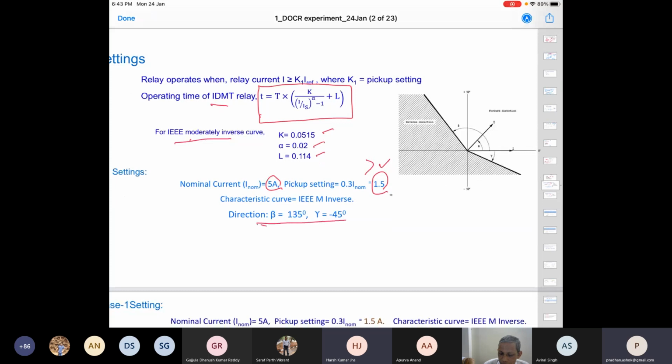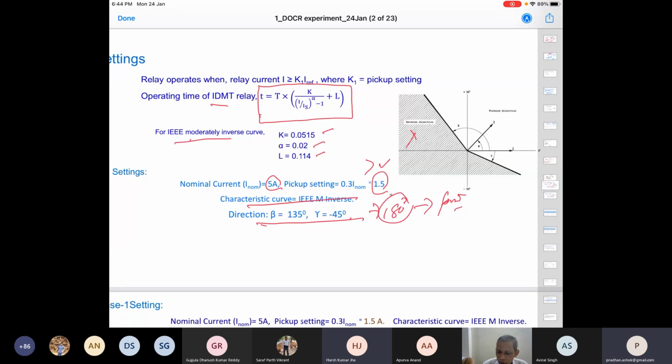Now for a given situation, we take beta to be 135 degrees and the corresponding gamma to be minus 45. So 135 plus 45 is 180 degrees. This is the range we declare as the forward region where the relay should operate. In the reverse direction, the relay should not operate.